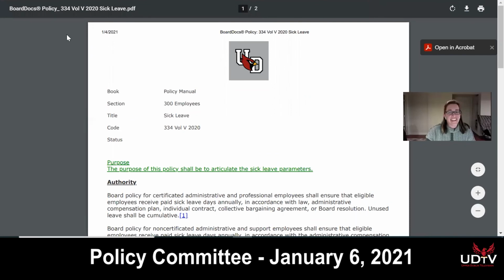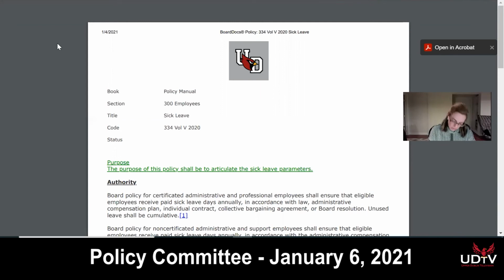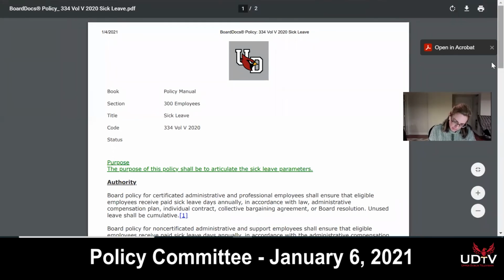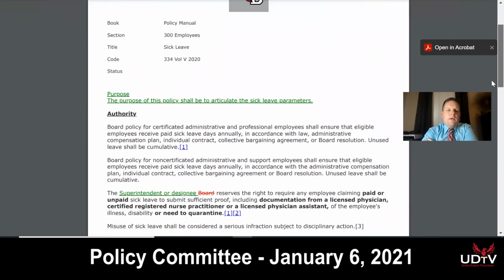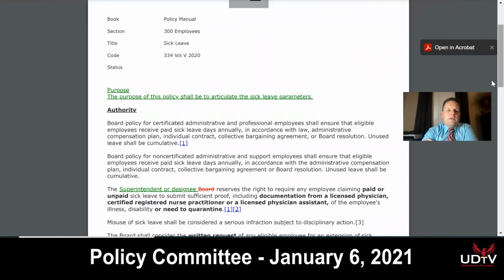All right, very good. Moving on to item 334, sick leave. So for sick leave, again, there is the purpose statement. Language about having documentation for sick leave from a licensed nurse practitioner has been added, as recommended by both PSBA and PASA, the Pennsylvania Association of School Administrators.